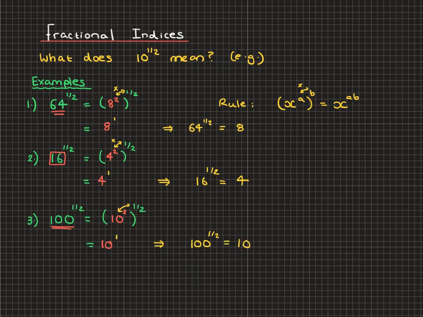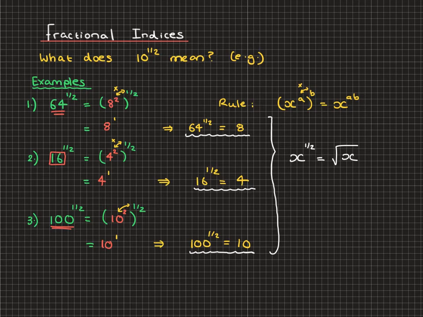So let's look at these results. 64 to the power of a half is 8. 16 to the power of a half is 4. And 100 to the power of a half is 10. Do you recognise what's happening here? So you may have realised that if you raise a number to an index of a half, this calculates the square root of that number.